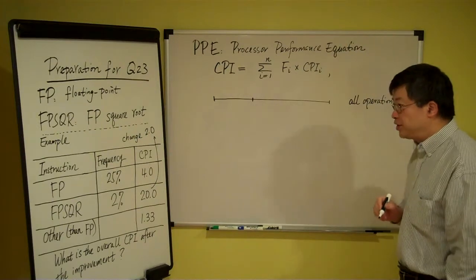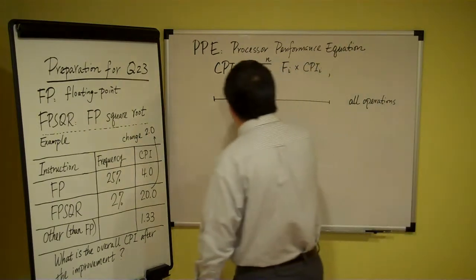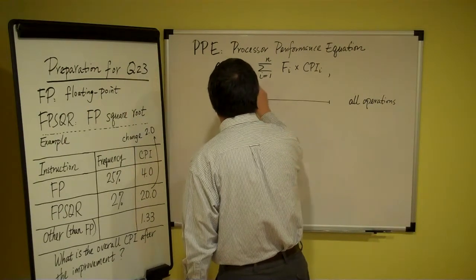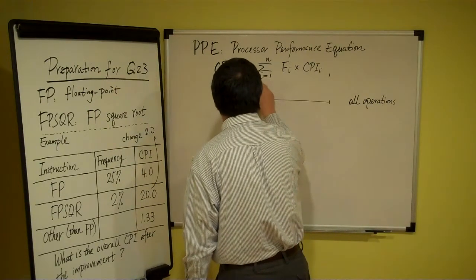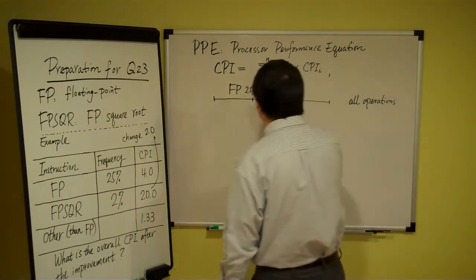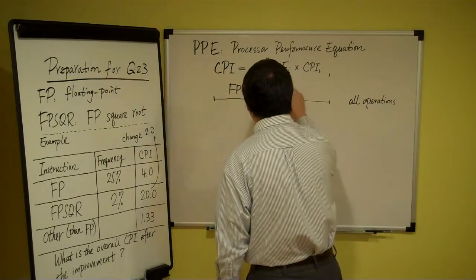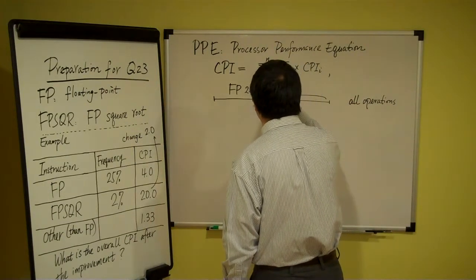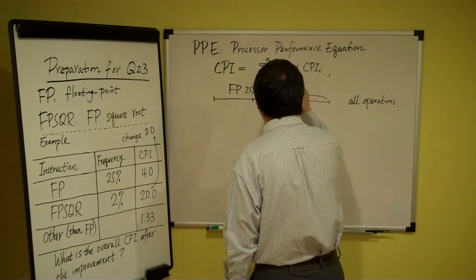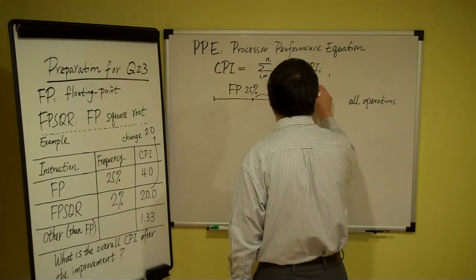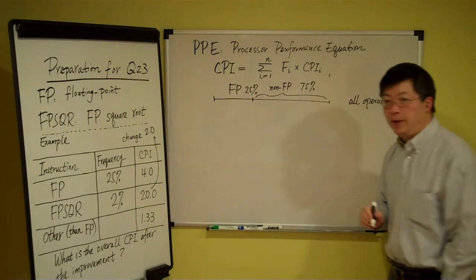First, the FP part. So that is 25%. And the remaining part, we call non-FP. 75%. Okay, all right.